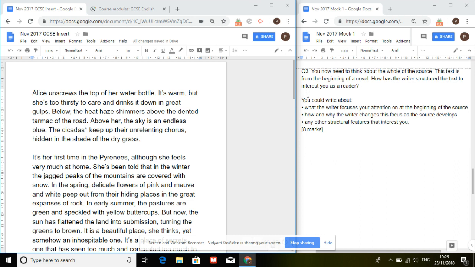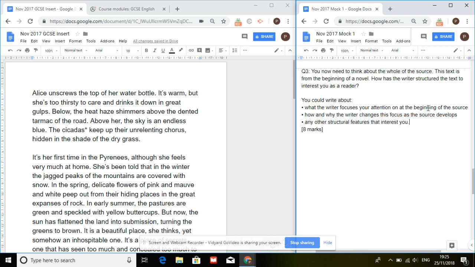And then I see the bullet points telling me what I could be focusing on, what the writer focuses the attention on at the beginning. Okay, that's good to know. I also need how and why the writer changes the focus as the source develops, right? And any of the structural features that interest me.